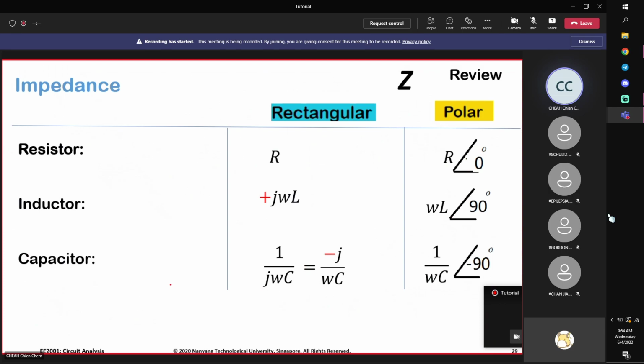In the case of resistors, the phase difference is 0. In the case of inductors and capacitors, the phase difference is 90 degrees, but there is a difference in whether current leads voltage or voltage leads current.